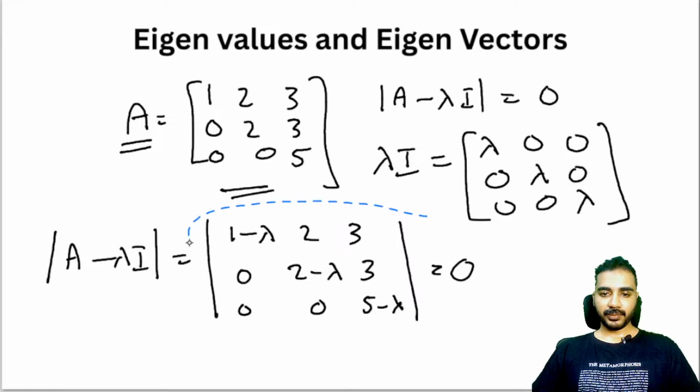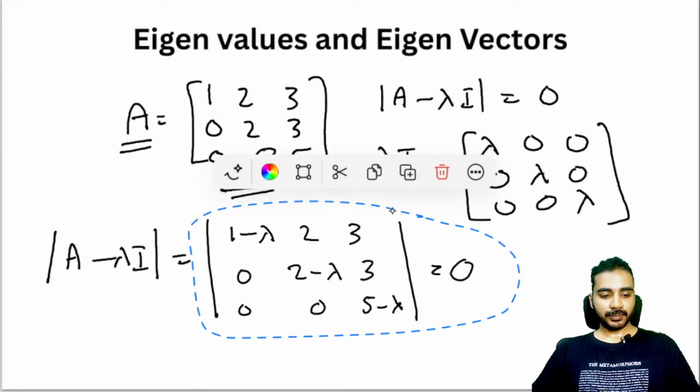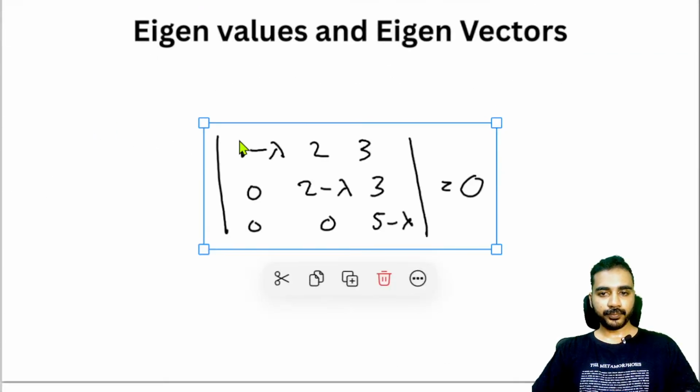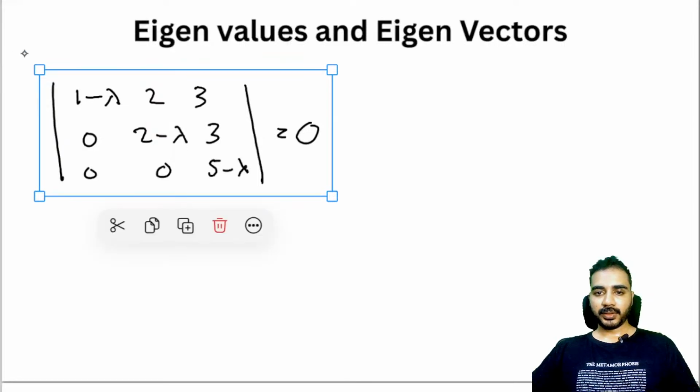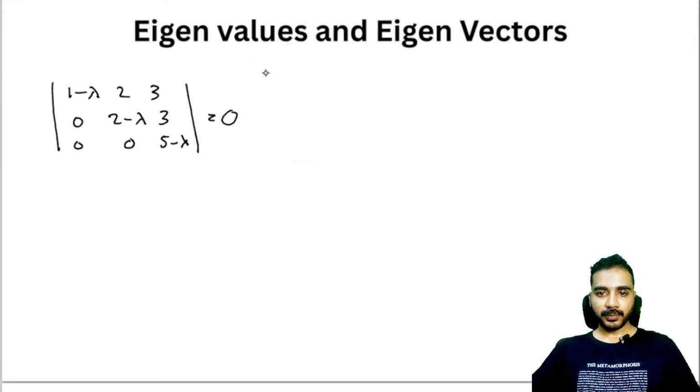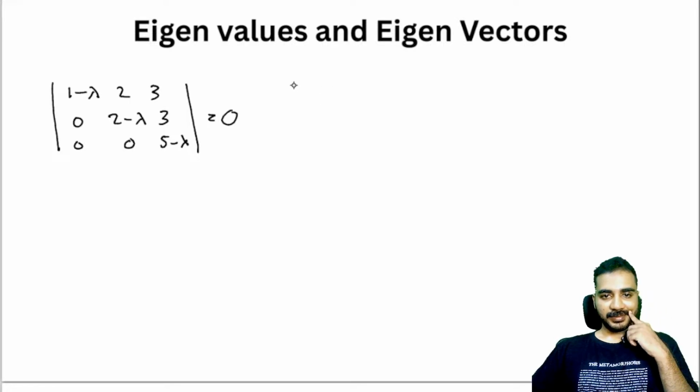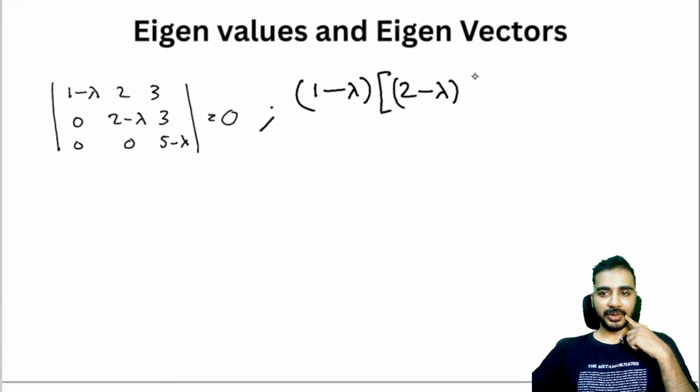Just calculating the determinant, that is (1 minus lambda) into (2 minus lambda) into (5 minus lambda) minus 0 equal to 0.